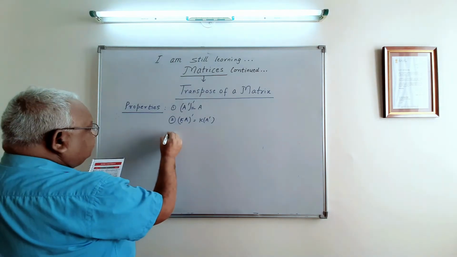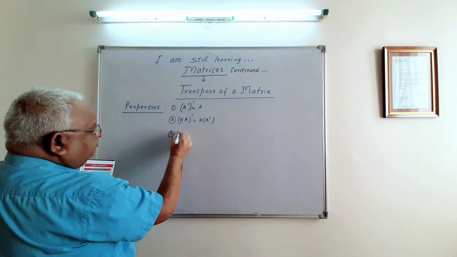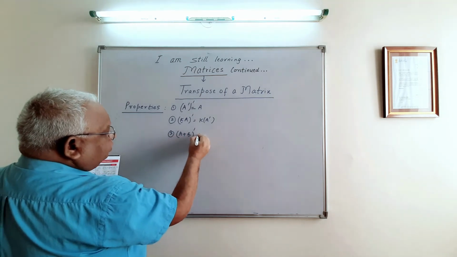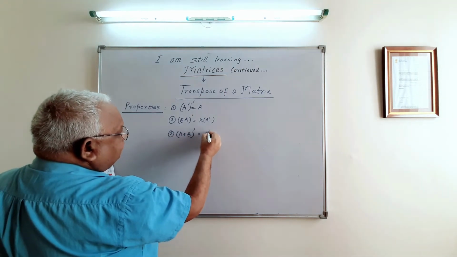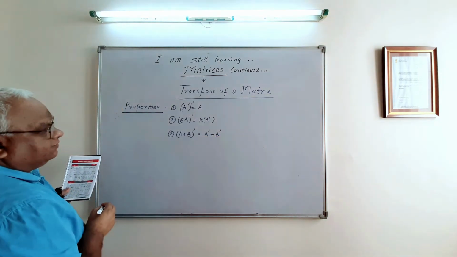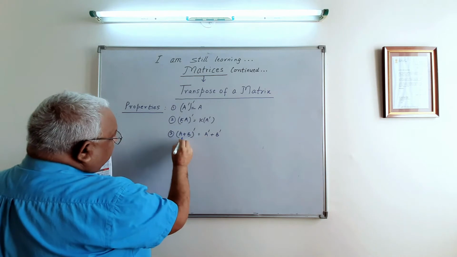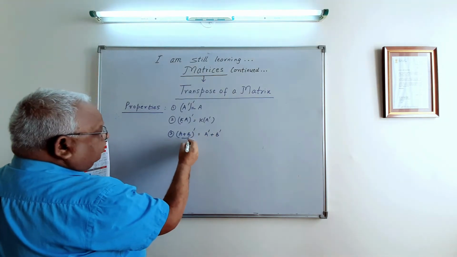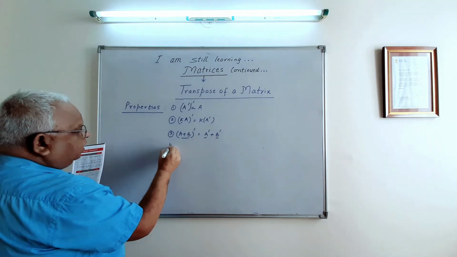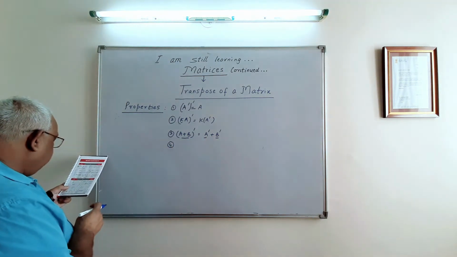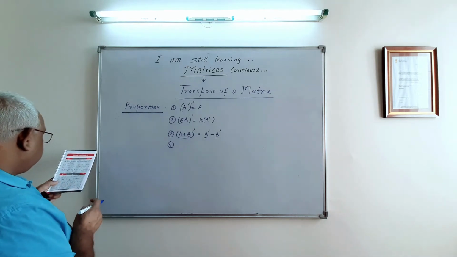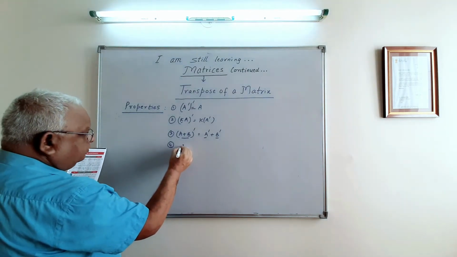The third is A plus B transpose. So A plus B transpose is A transpose plus B transpose. You can take the transpose of the sum, or you can take the transpose and then add, and it is the same thing. Then property number 4 is AB transpose.